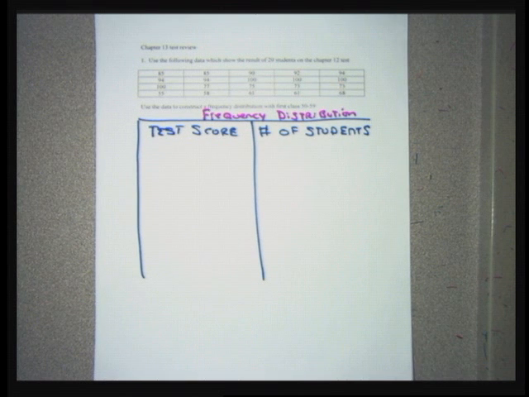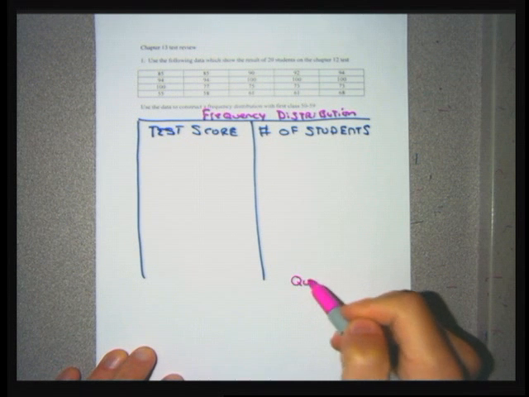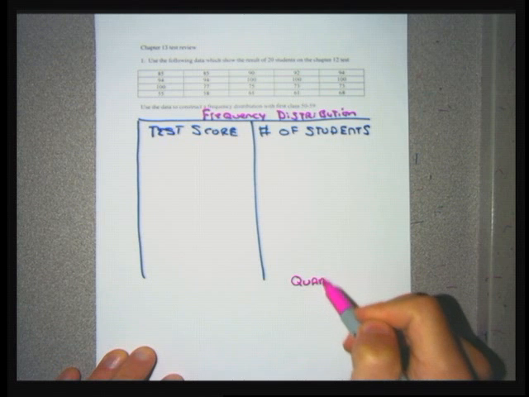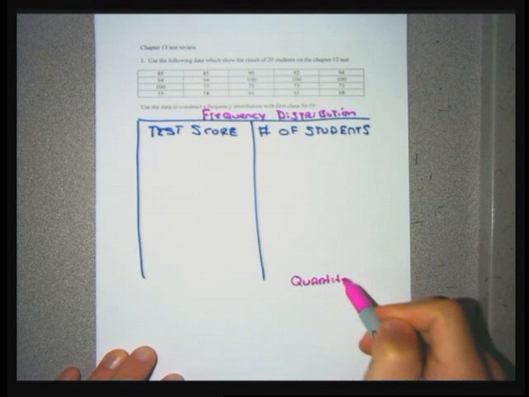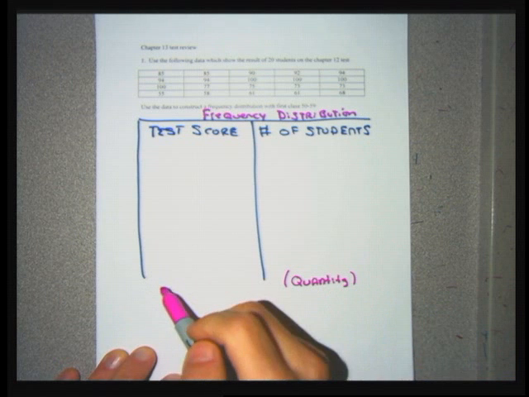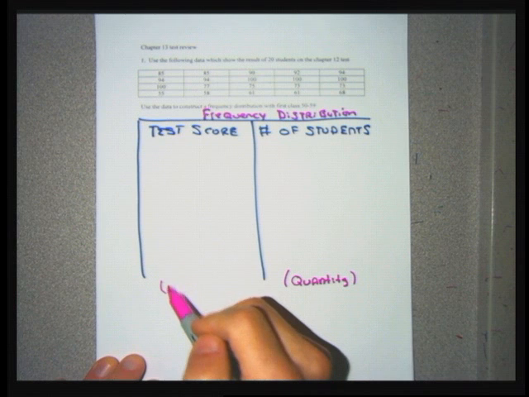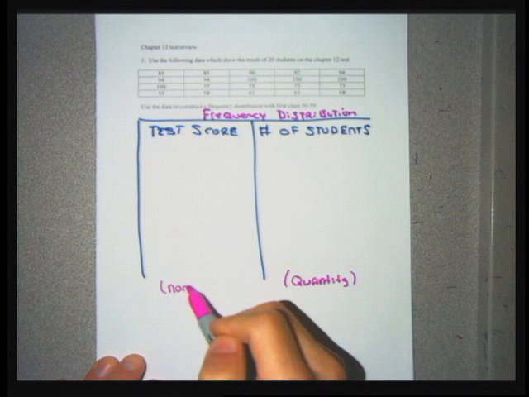So I'm asked to make a frequency distribution, and the frequency distributions in this chapter, we made 2 columns. The second column is going to be the how many. We could call it the quantity column. And then the first column needs to be what I'm counting, the name of what I'm counting.